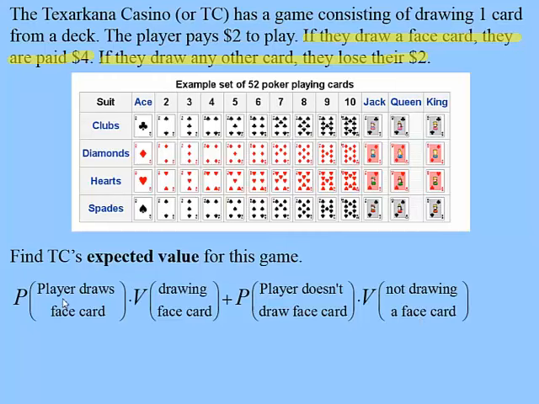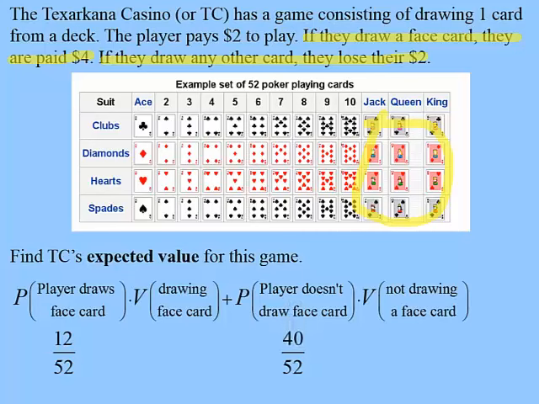The probability they'll draw a face card: there's 12 face cards, there's 52 cards, so the probability is 12 out of 52. Now, if this is 12 out of 52, then the rest of the cards would be 52 minus 12, or 40 out of 52.